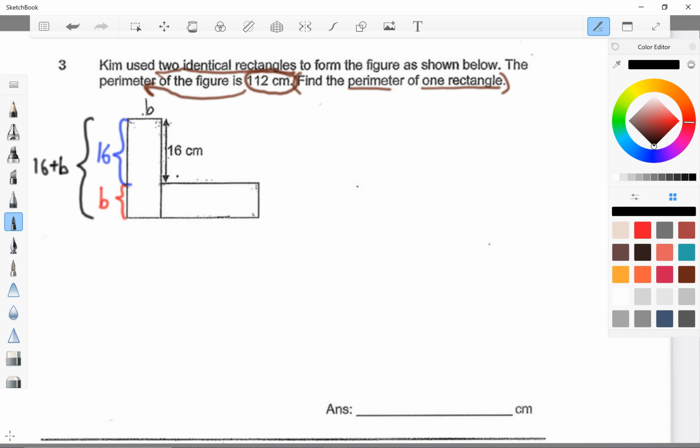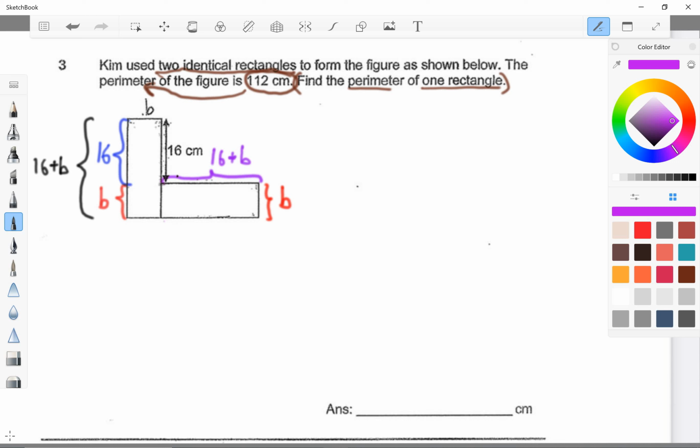So what about the length over here? Right now what we're trying to do is to label the entire diagram. So this thing in purple has got to be 16 plus b as well. If I'm using red color for the breadth, below I have a b.